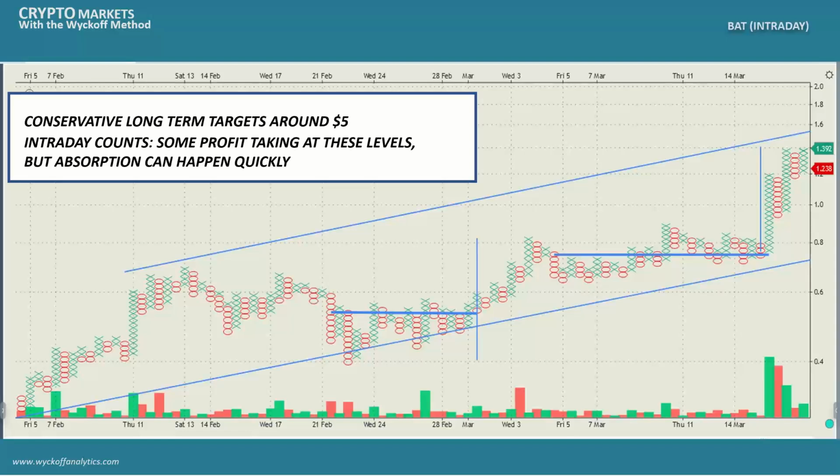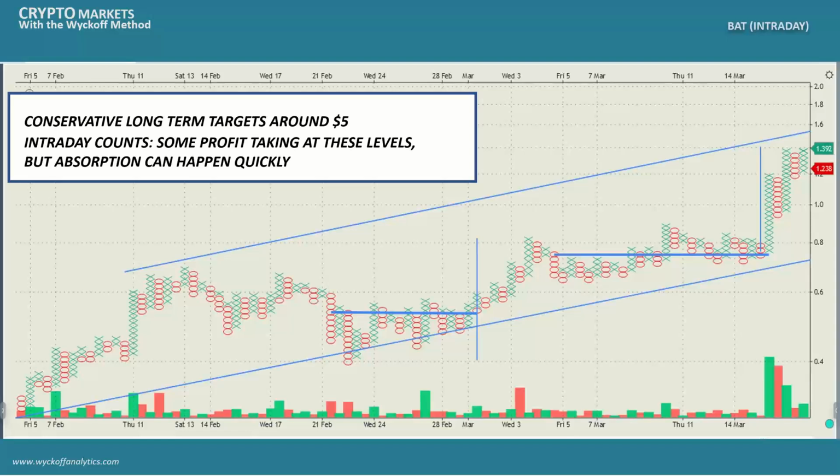If you're a long-term holder and you look at the long-term targets around $5, and I was asking Alessia about the PNF on BAT, I don't even want to do anything until I either hit the target or get close to it, or I see some kind of failure.